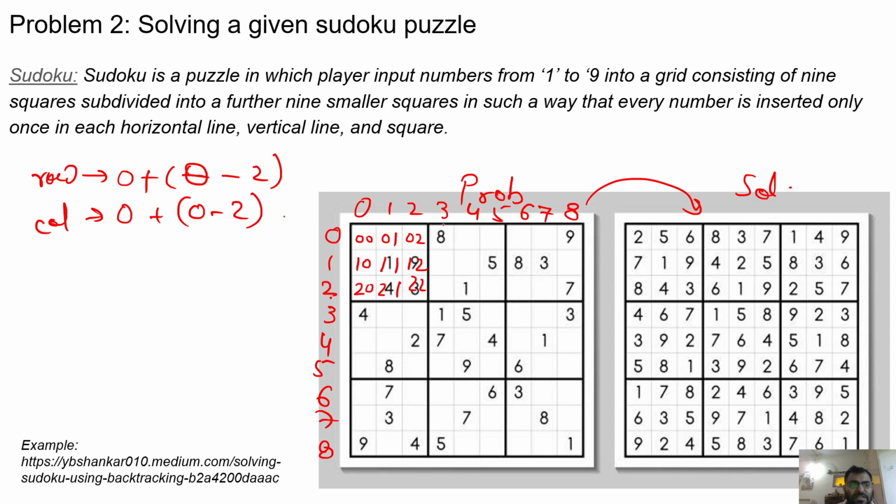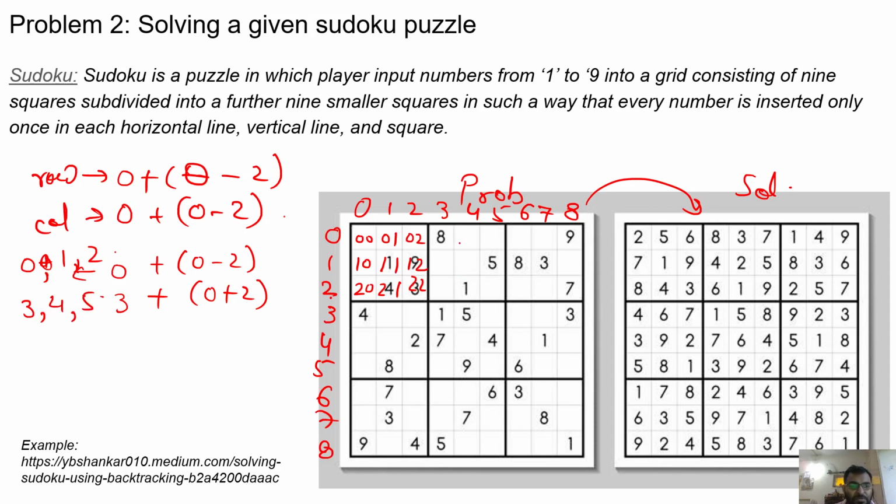For the next box, it will be starting with the 0th row and third column. Then we'll iterate over 0 to 2, so row will go from 0, 1, 2, and column will go from 3, 4, 5.